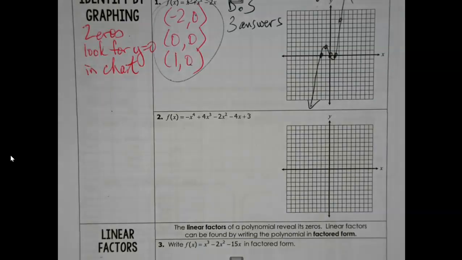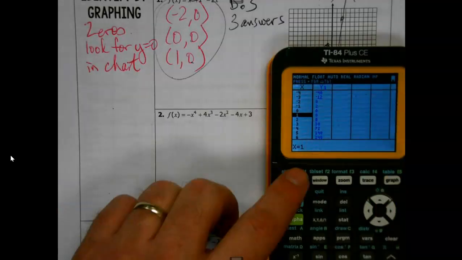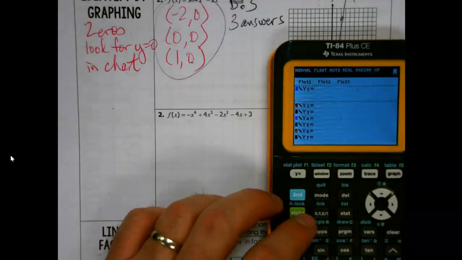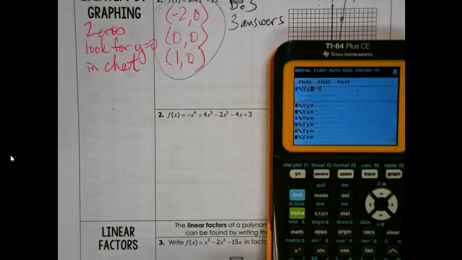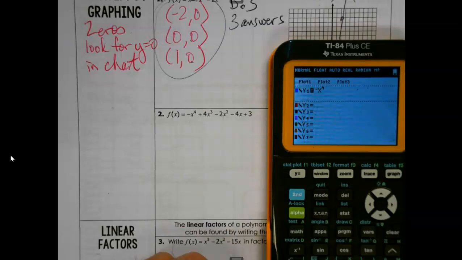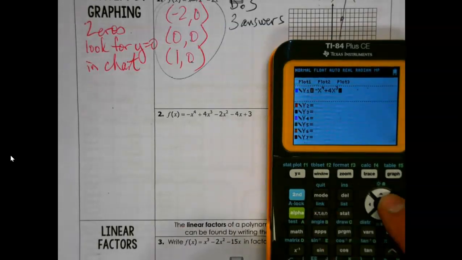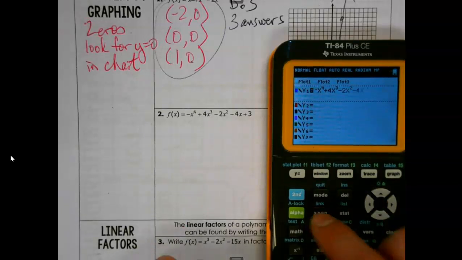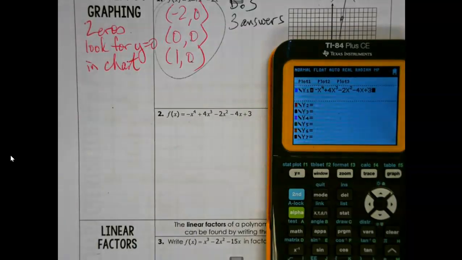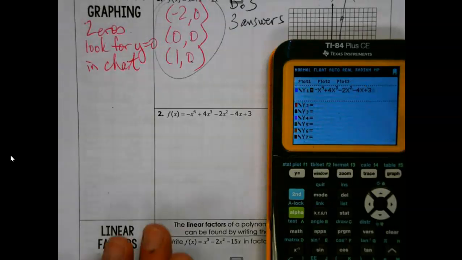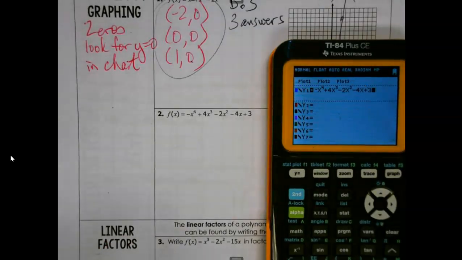So I look at this next one, and I go, okay, well, let's get this in. So negative, not minus, negative, x to the 4th, arrow down. So make sure, again, double check, make sure your exponents are right, your signs are good, all that stuff before you get too far in here.